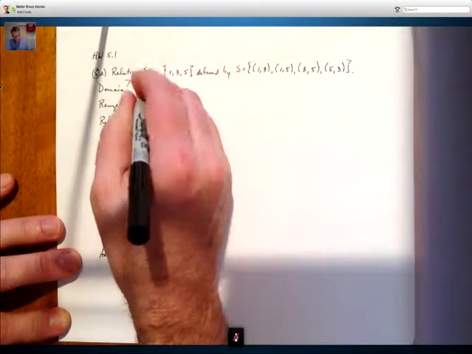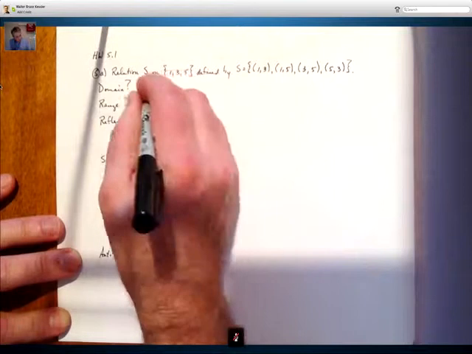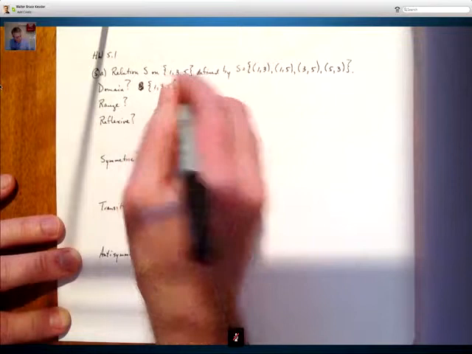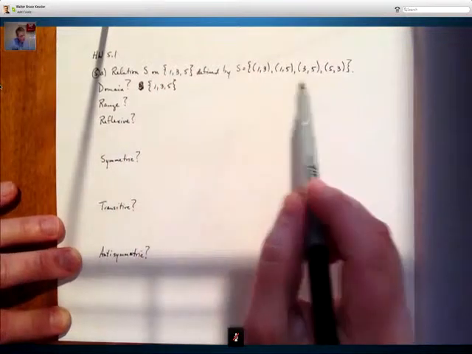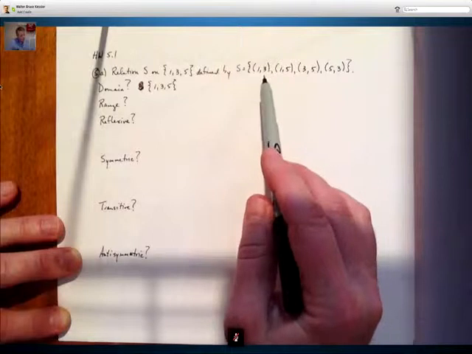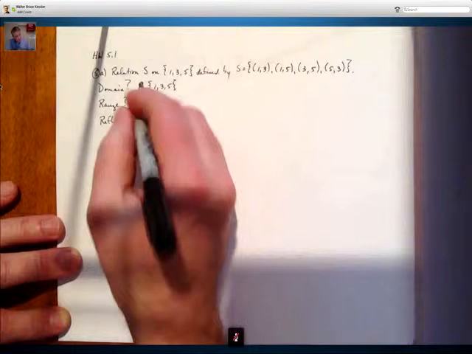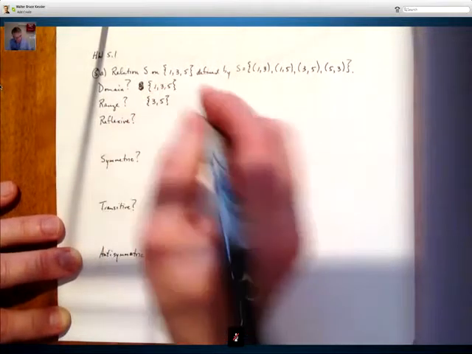So the domain here is actually the set, not S. I was looking at this, but I wrote that. My bad. 1, 3, and 5. It's the entire set. Okay? And then the range is the set of everything that appears as a second coordinate. So 3, 5, we already got 5, I already got 3. So 3 and 5.